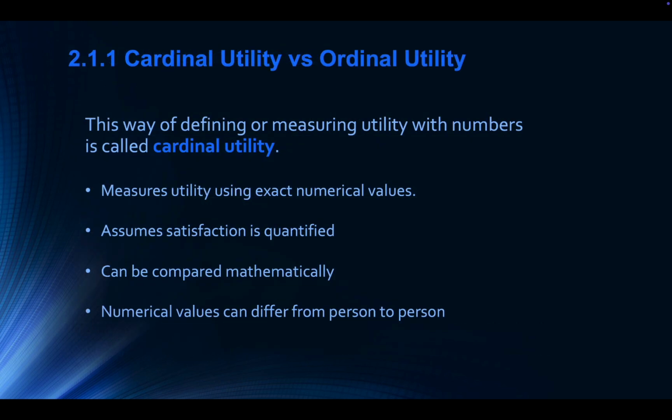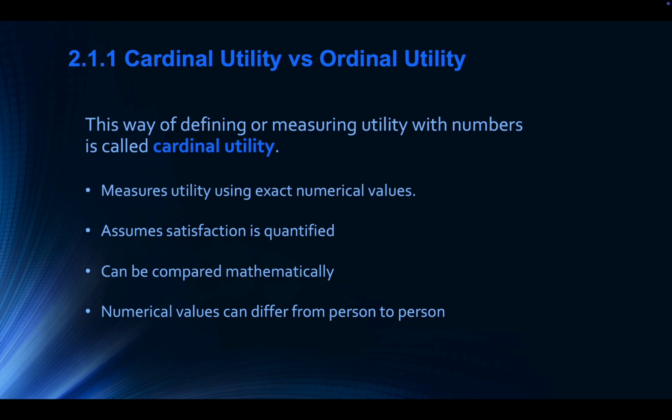So now we come to the topic, cardinal versus ordinal utility. So what is cardinal utility? Cardinal utility can be measured in numbers. But on the other hand, ordinal utility cannot be measured, but only ranked in order of preferences.